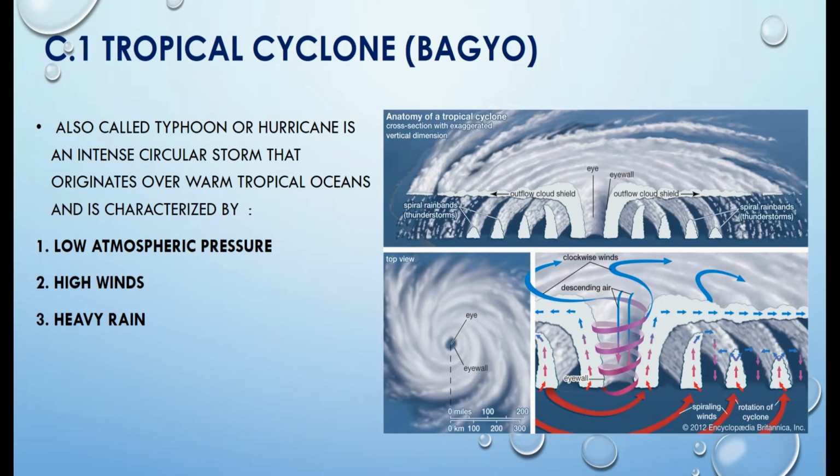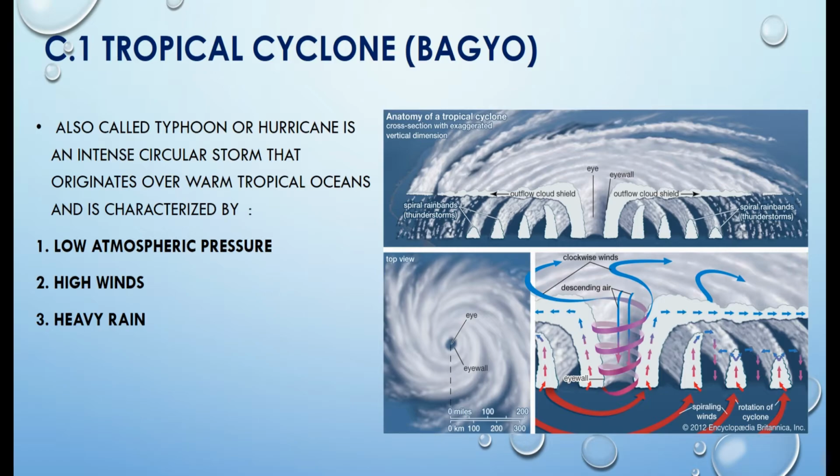So, the tropical cyclone, from the time it is just forming until the time it dissipates, lasts approximately 6 days.